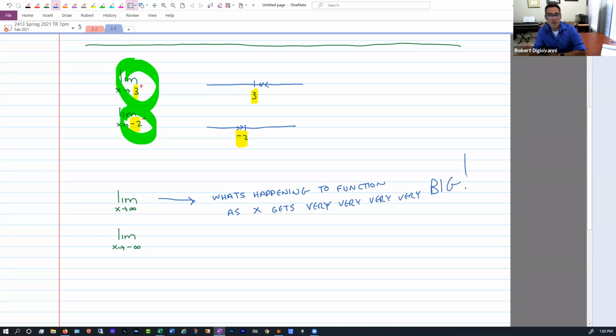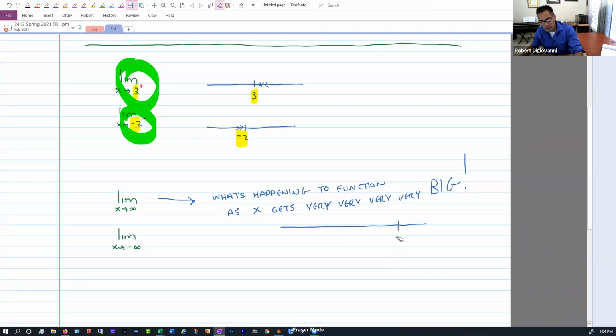How does the function behave as x is getting bigger and bigger and bigger? We can never actually give you a number, because infinity, again, is just this idea. On a number line, we cannot put infinity here. Does everyone understand? We cannot put infinity on the number line.